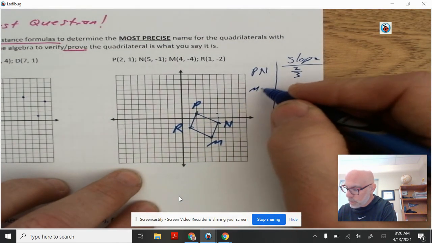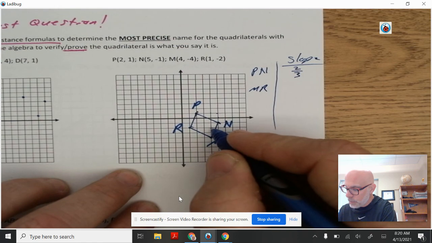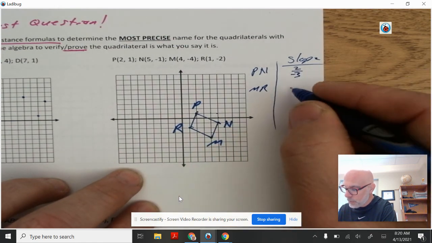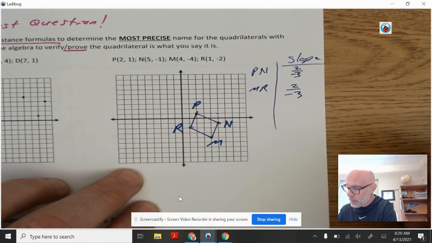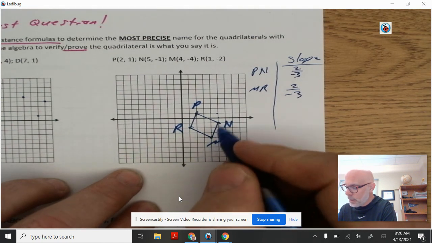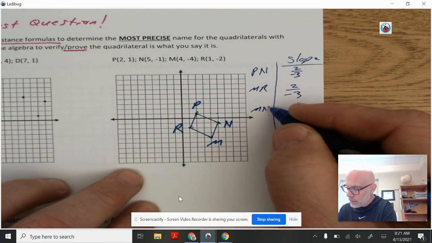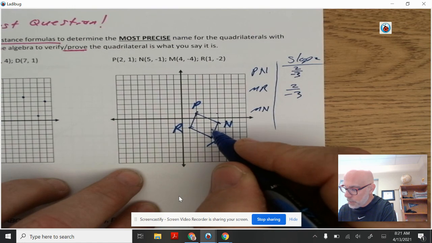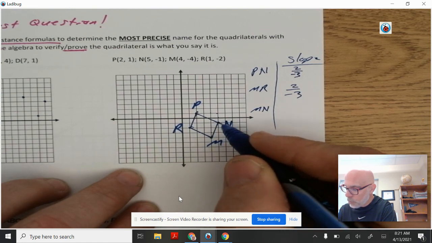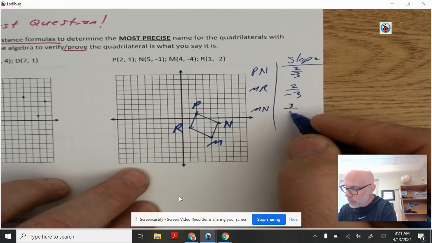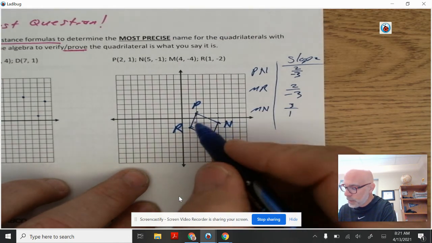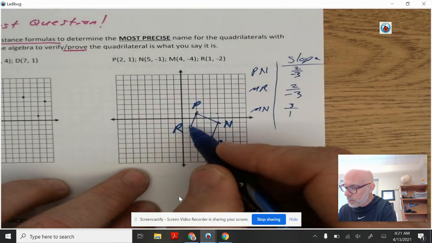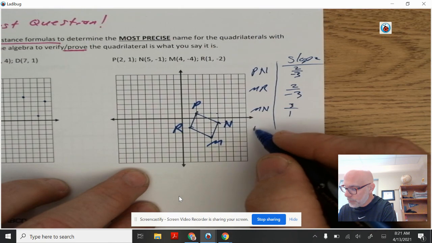MR is also up 2 to the left 3. I should have put negative 2 over 3. Go from MN: that is up 3 over 1. Those are both positive. And RP is up 3 over 1.